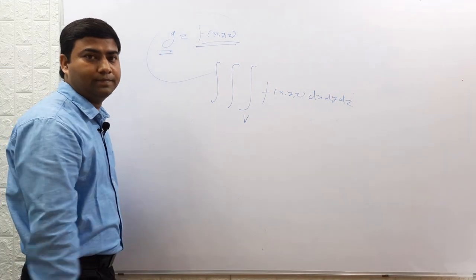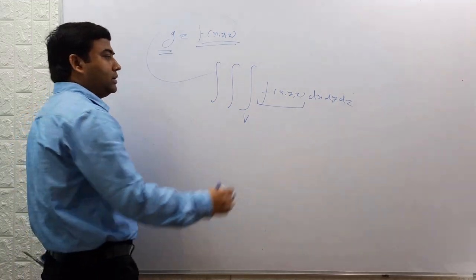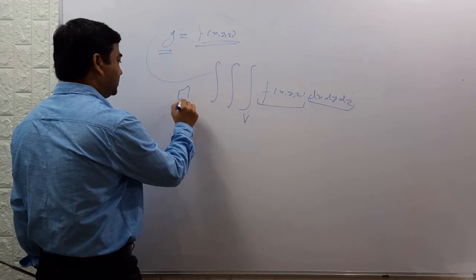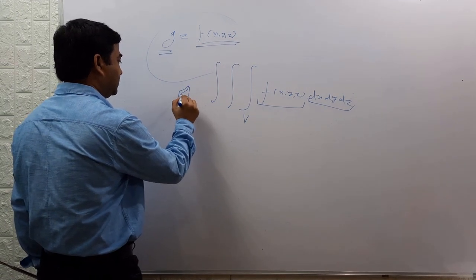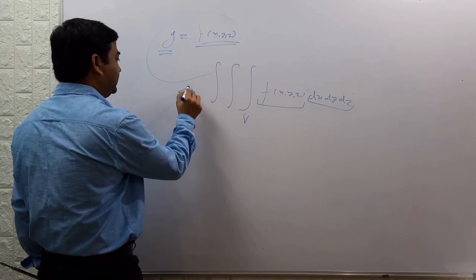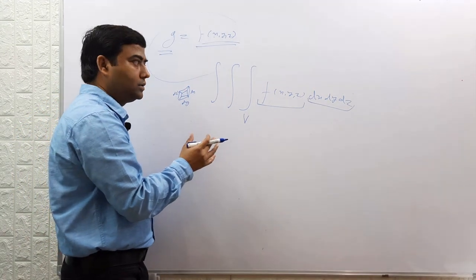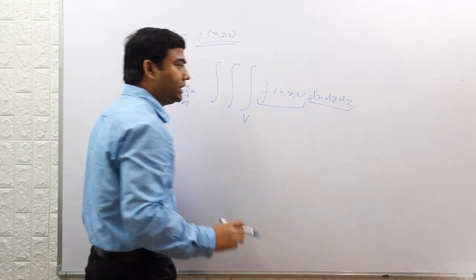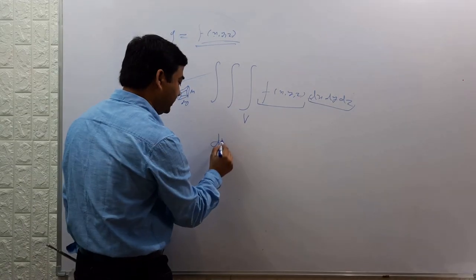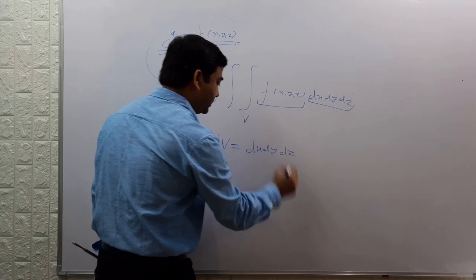There is a function, and a very small volume: one length will be dx, one dy, and one dz. So this is a cuboid with dimensions dx by dy by dz, giving the volume of that small elemental cuboid, called dV equal to dx dy dz.